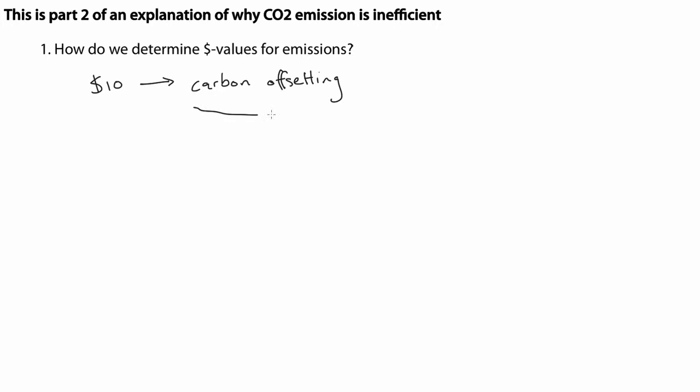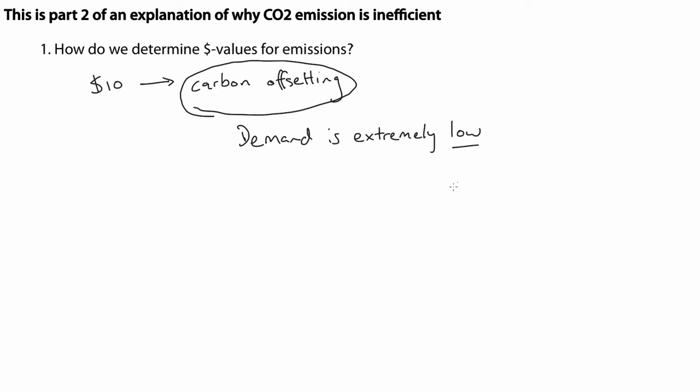Note, however, that the global demand for carbon offsetting at the moment is extremely low. It's only a few very conscientious people like you who might be contemplating purchasing such a carbon offset.